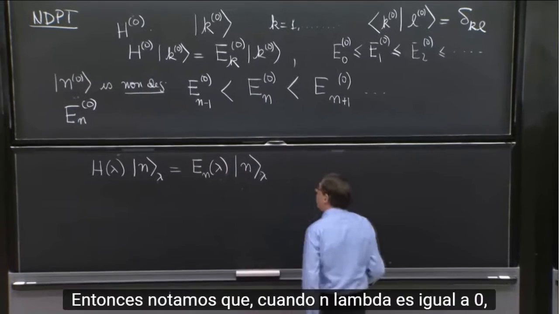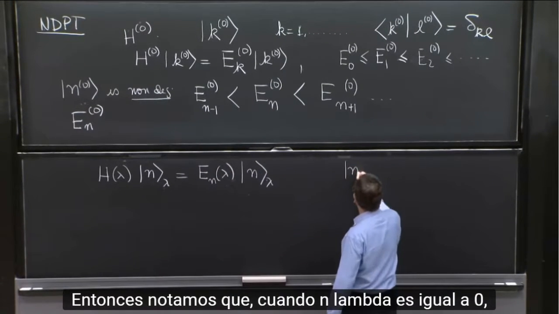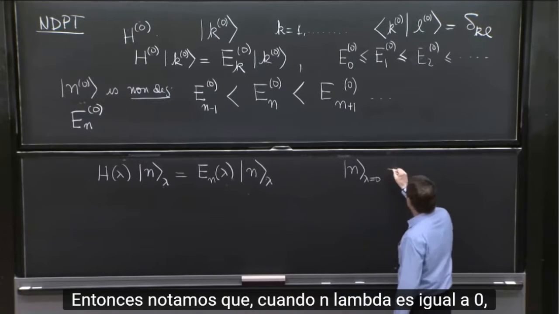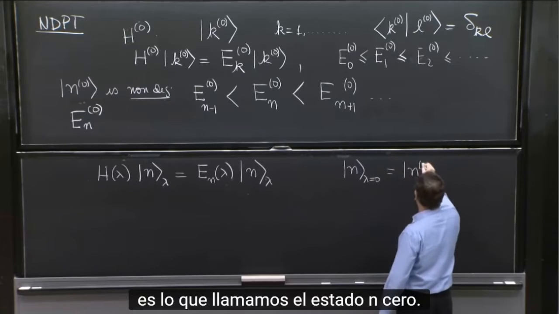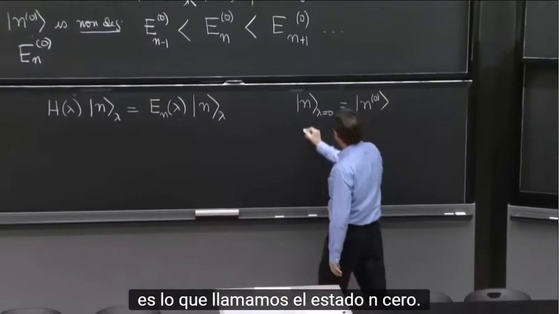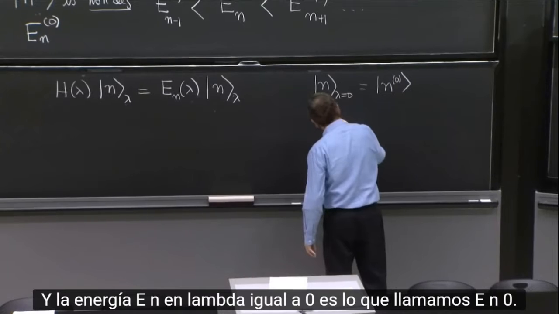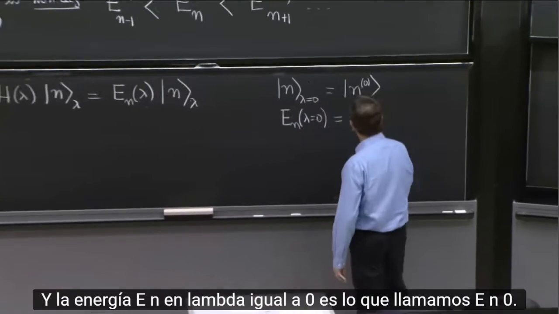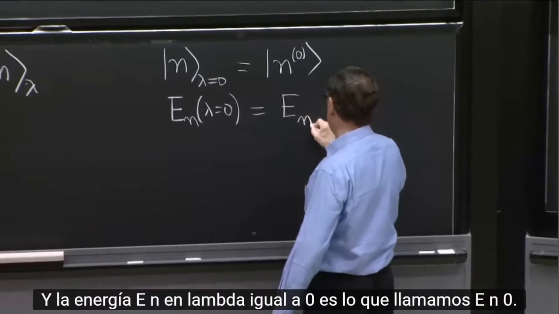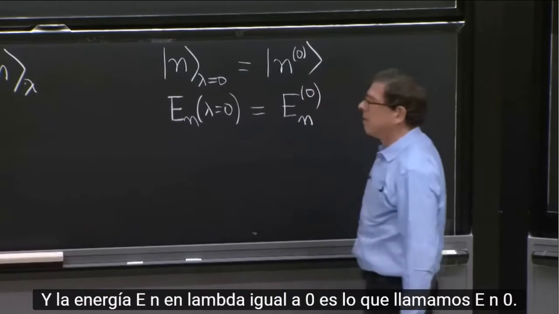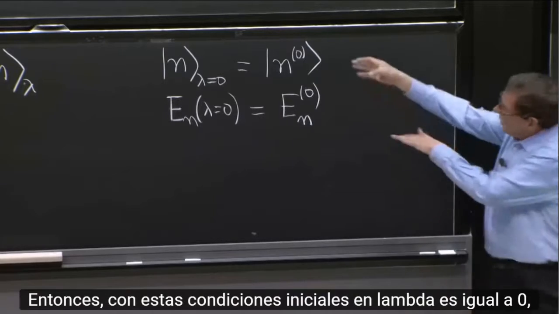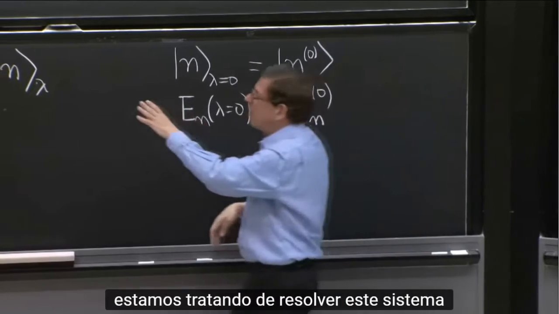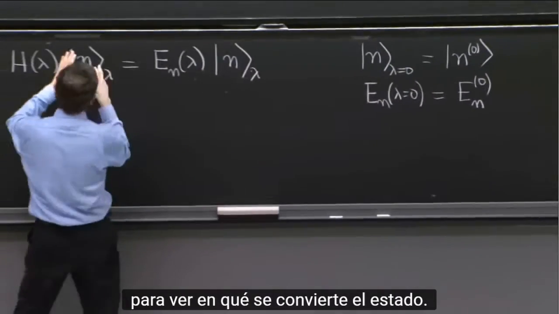So we note that n, when lambda equals 0, is what we call the state n0, and the energy En at lambda equals 0 is what we called En0. So with these initial conditions at lambda equals 0, we're trying to solve this system to see what the state becomes.